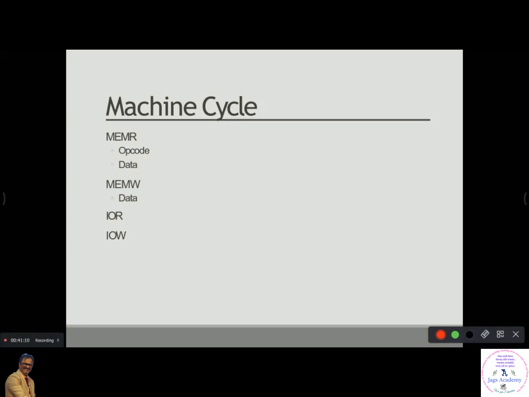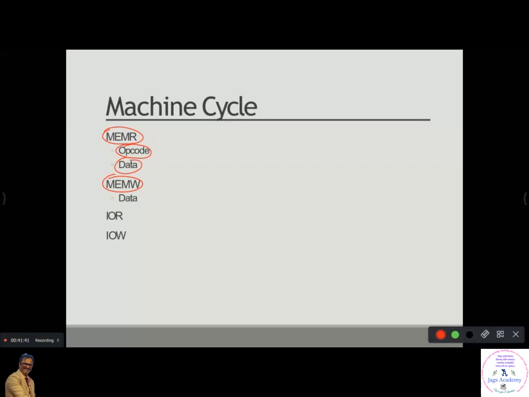Okay, machine cycle. Let us come to machine cycle now, because this is very important for us to know. I told you that a machine cycle is either a memory read or a memory write. One machine cycle is one memory read or one memory write. Memory read can be reading an opcode, it can be reading data.